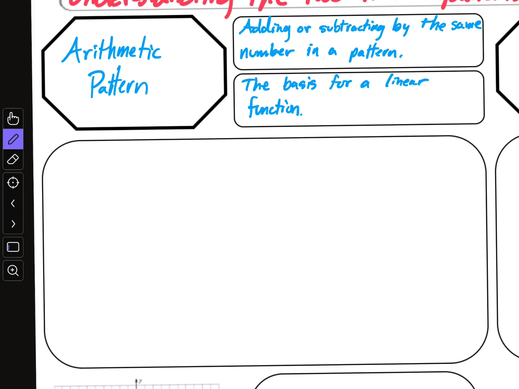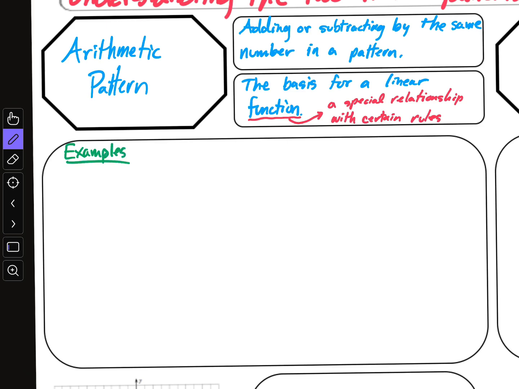Now, if you haven't heard the word function before, a function is basically just a special pattern, or I guess a special relationship with certain rules. And we'll really get into this later, okay? But we're going to use the word function probably pretty often here, just so you're kind of aware with that. You don't necessarily have to write that part down, but just so you were aware with that portion, okay?